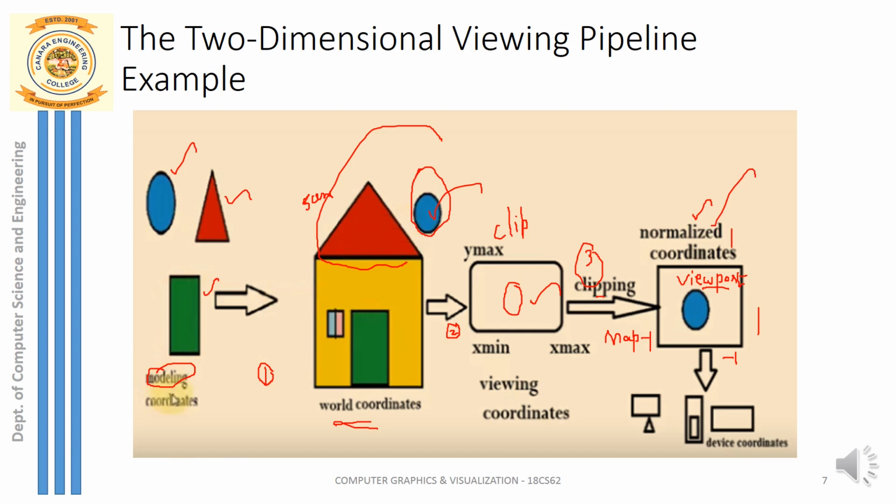You can call it normalized graphics now, because it is inside this boundary. Now you are ready. Once it has been normalized, or represented within the viewport, we are ready to display this graphics on any of the devices.